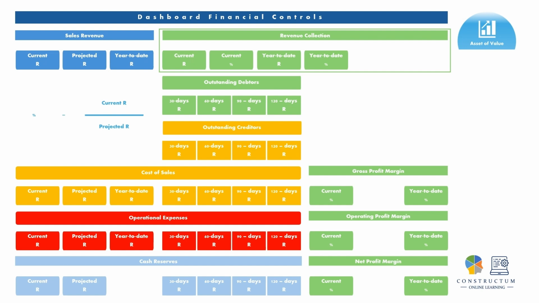I recommend that the dashboard reflect the following: current sales revenue collected and year-to-date sales revenue collected.